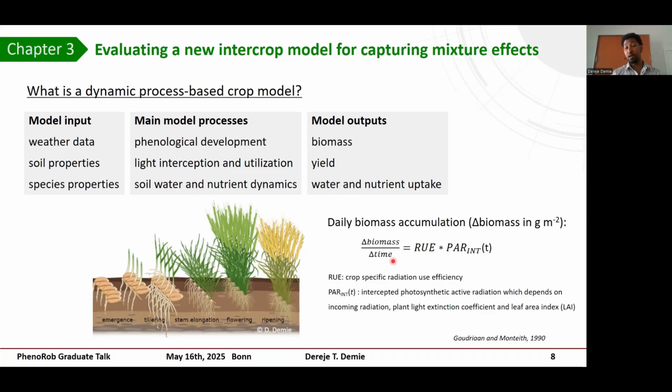So this is a simple example of how we simulate biomass over time. Therefore, a model can be used as a virtual field to screen different genotypes, especially for intercropping systems, which are complicated and challenging in field experiments.